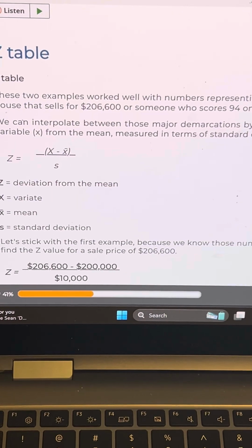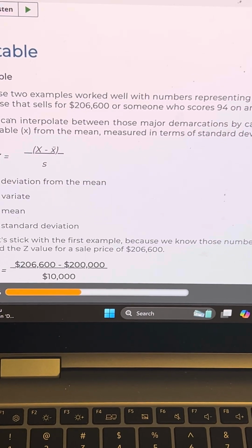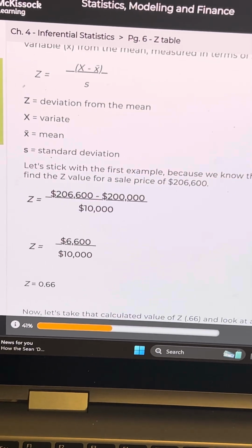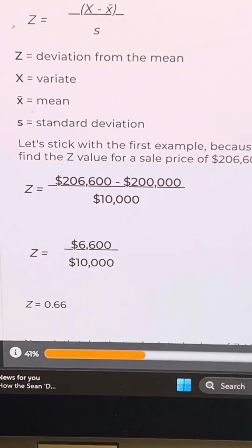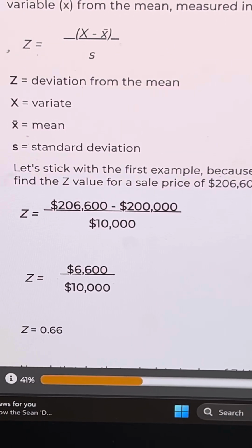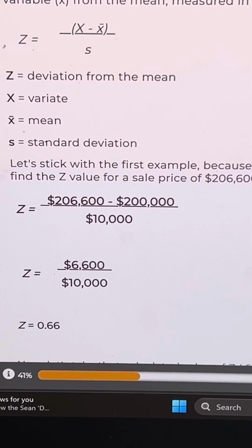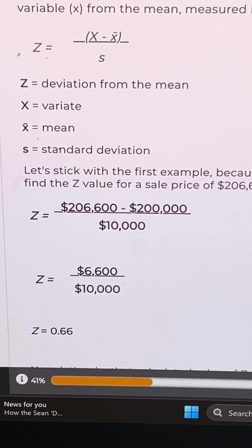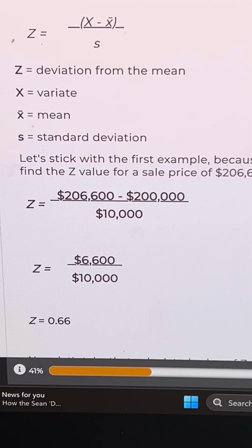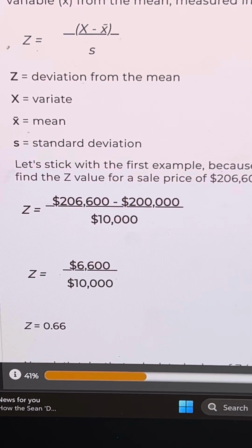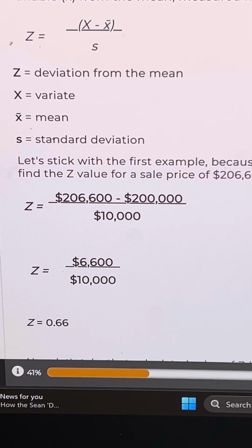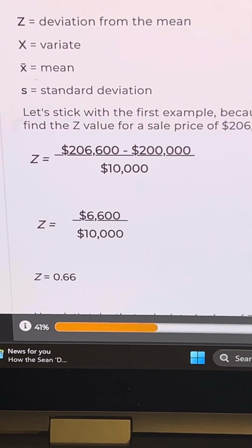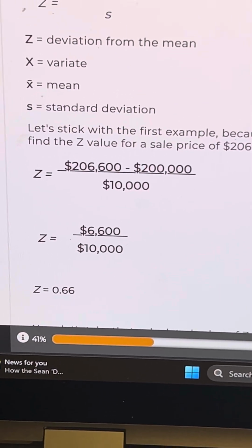Let's find the Z value for a sale price of $206,600. You put $206,600 minus $200,000, divided by $10,000, equals Z. So 206,600 minus 200,000 equals 6,600, and then divided by $10,000, Z equals 0.66.